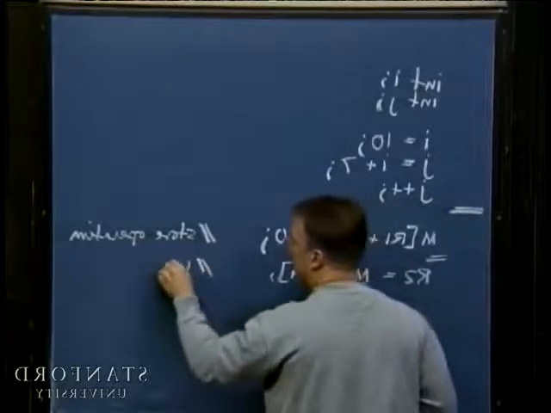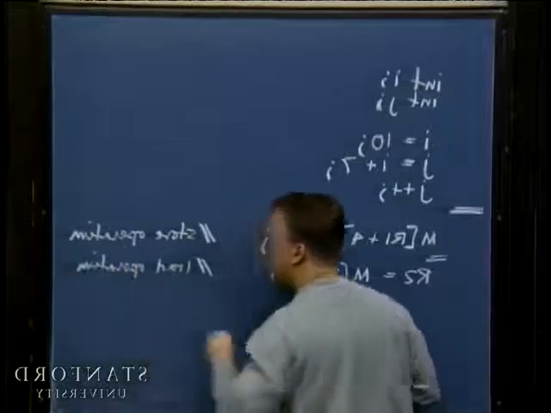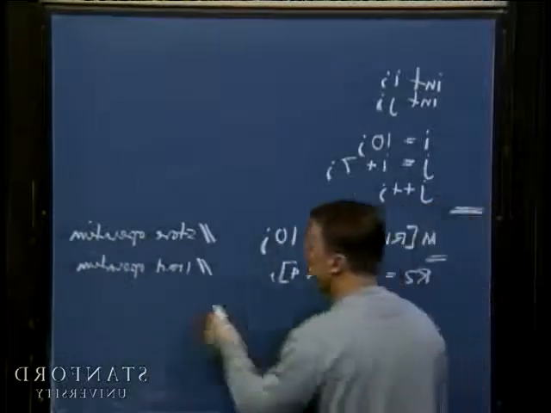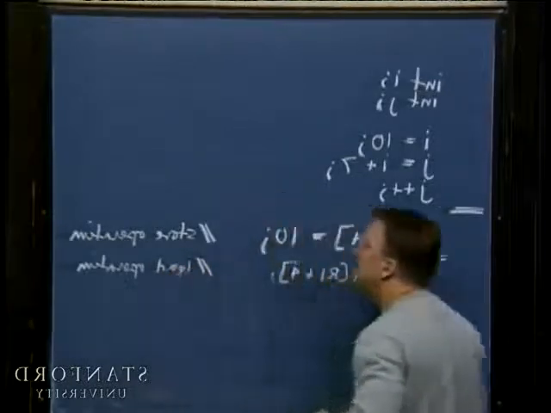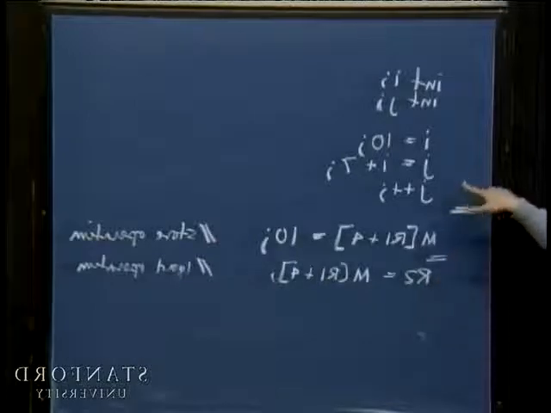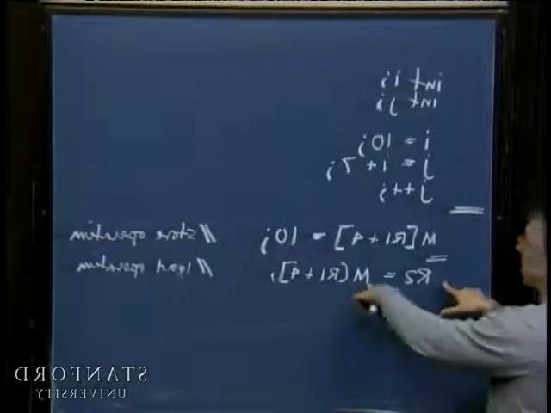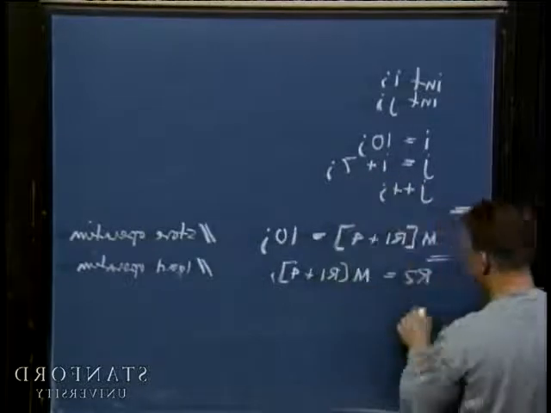This is an example of a load operation. R2 contains the 4-byte bit pattern for what's residing in I right there. So this corresponds to the understanding that we're going to operate on I's value.